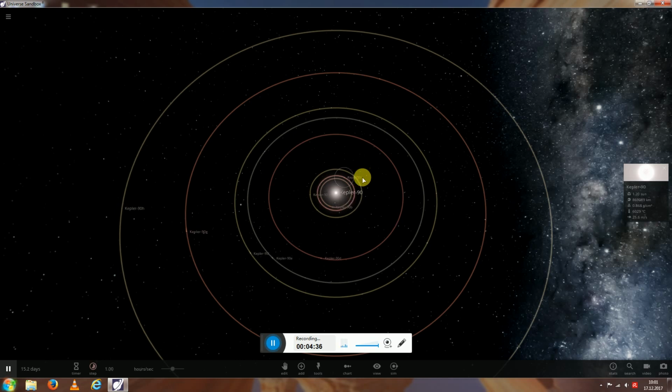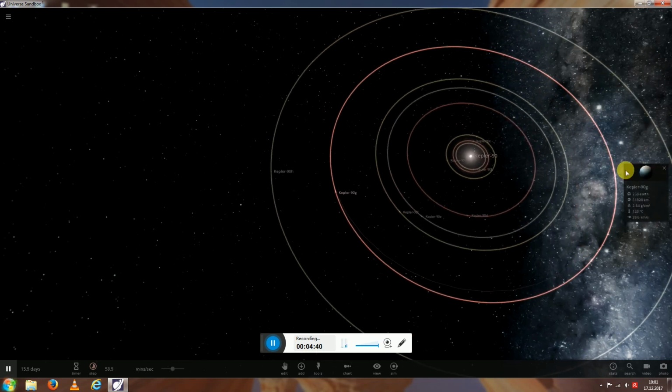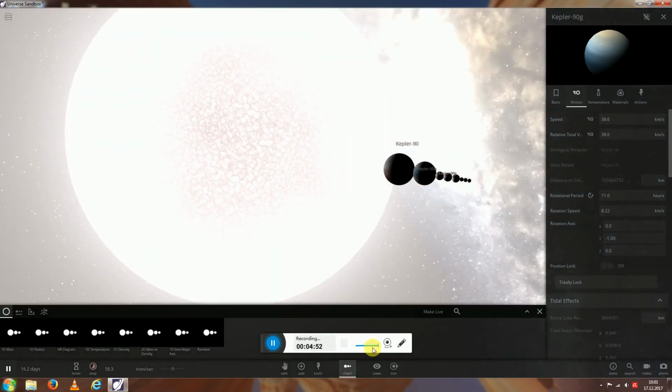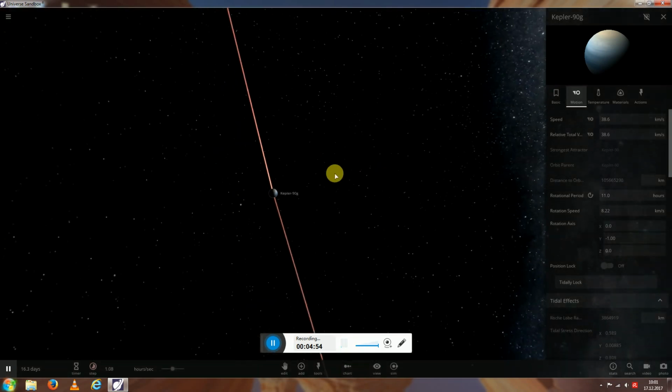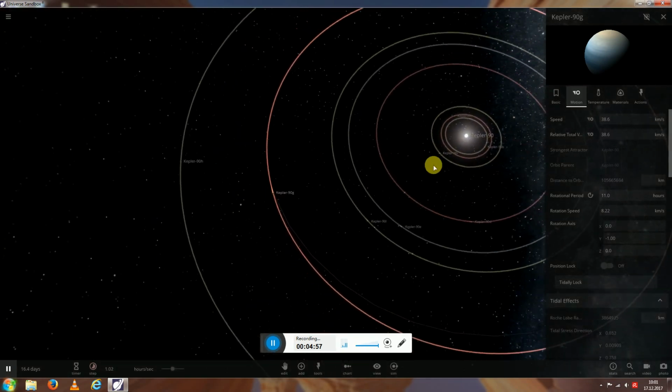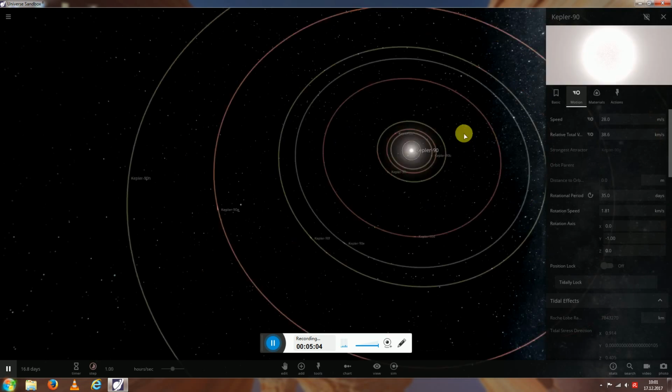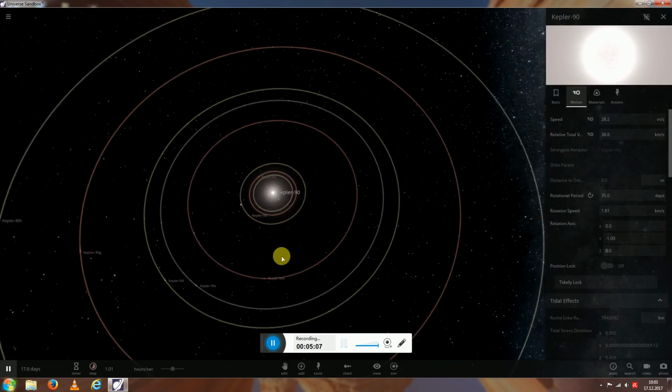However, they also have a smaller letter beside them, as you can see here with this one, for example, Kepler 90G. It's the 7th planet from Kepler 90, and that's the case with every planet discovered around their host star.